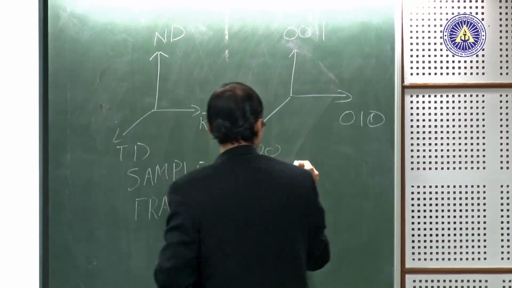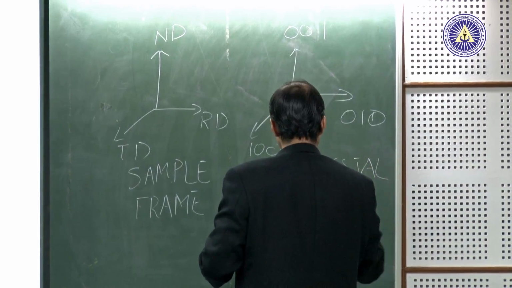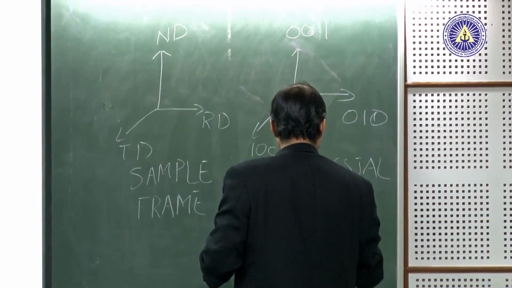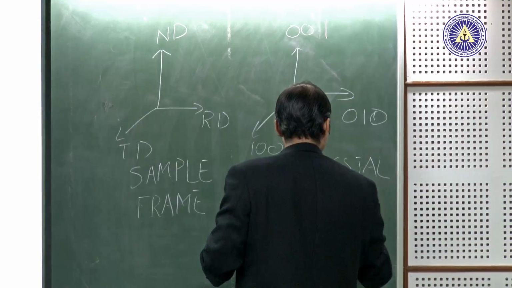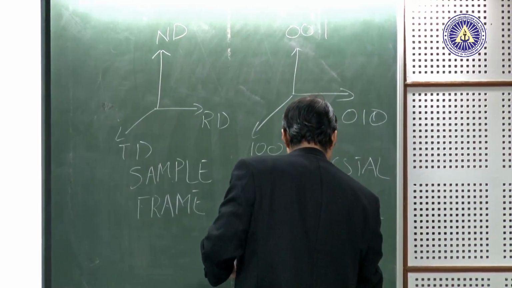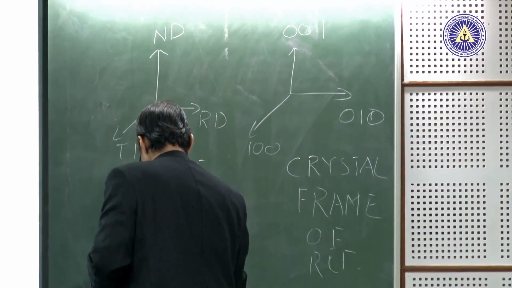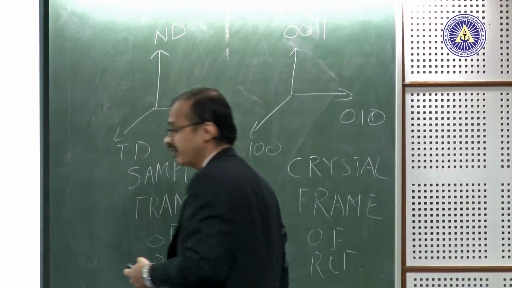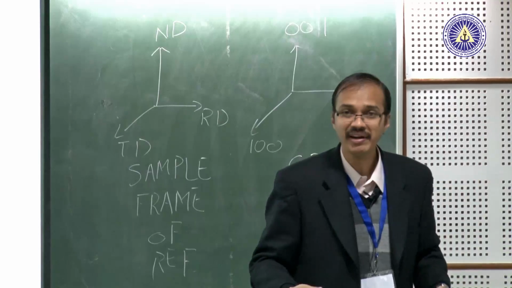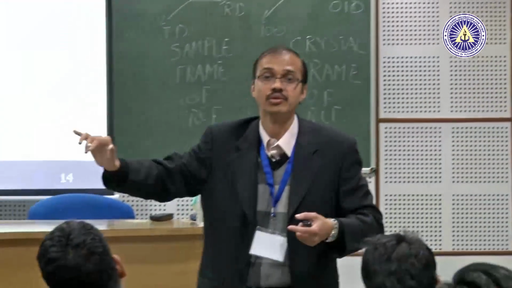And this is my crystal frame of reference. Okay, let me write that also. And what is my texture? Texture is nothing but a relative orientation, or the relation between the two, right?